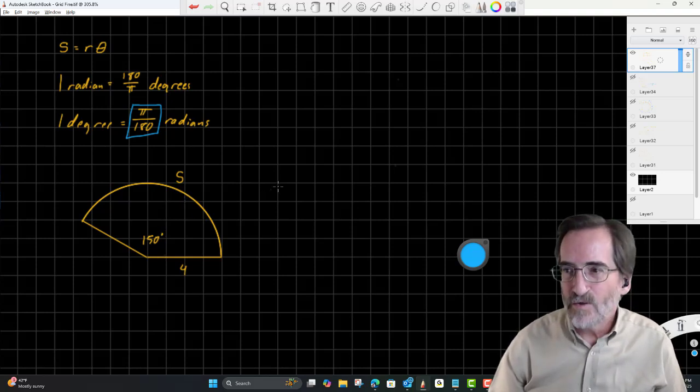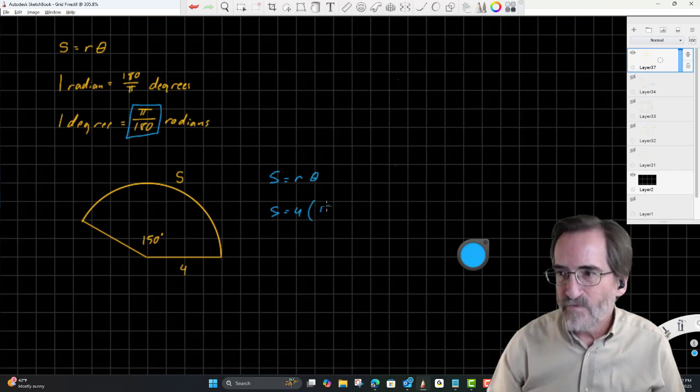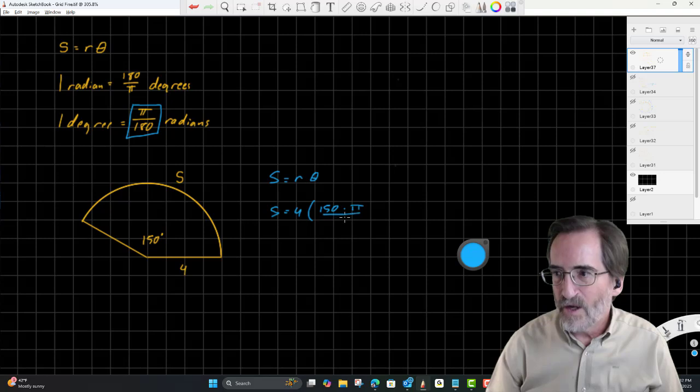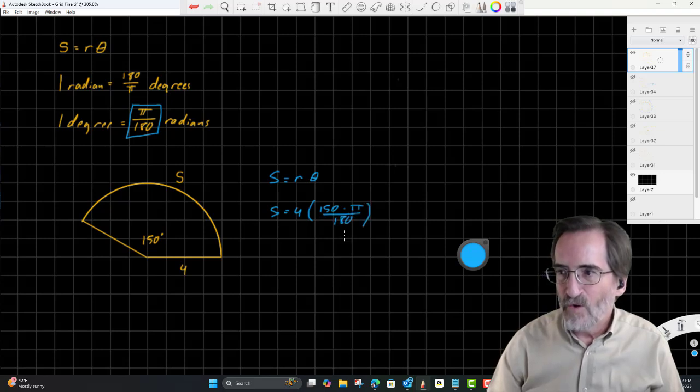So what we do is we do S equals r theta, where r is 4, and theta is in degrees, 150. But I need to convert that to radians, so I'm going to multiply by pi over 180.